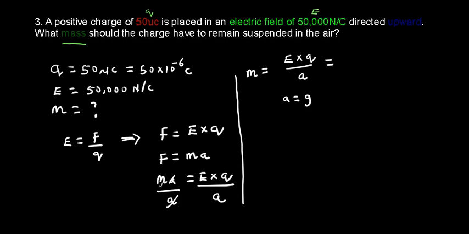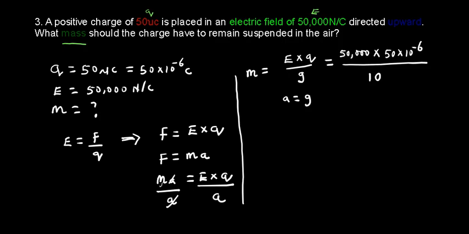So we replace this with G. Then our E is giving us 50,000, multiplied by the charge, which is 50 times 10 raised to the power negative 6, divided by the constant acceleration due to gravity, which has a value of 10 meters per second square.